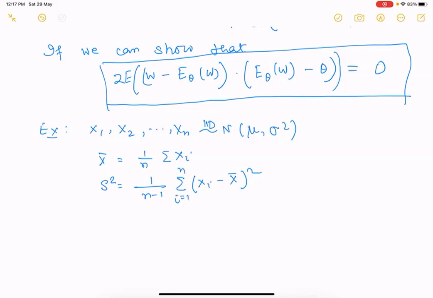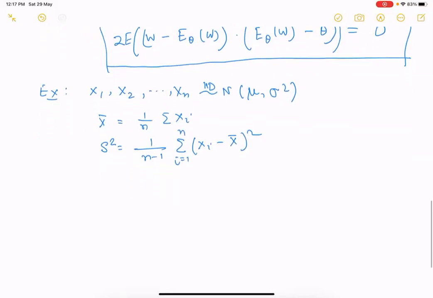Okay, and you can show that expected value of X bar equals mu, and variance of X bar, which is expected value of X bar minus mu whole square, is sigma square by n.